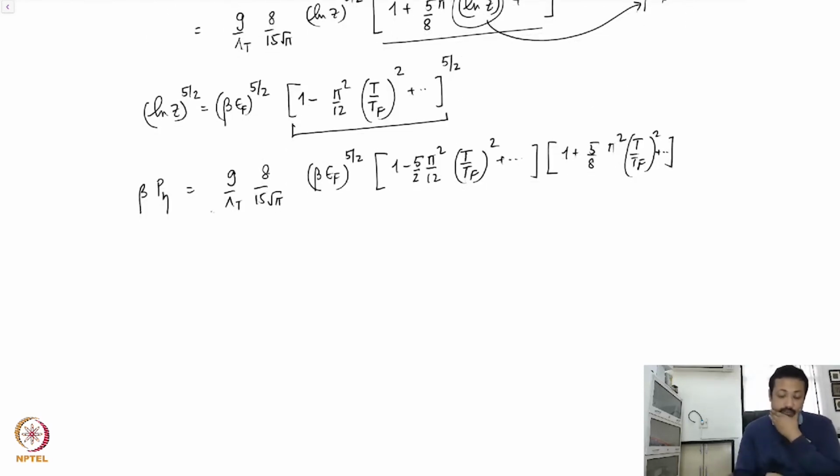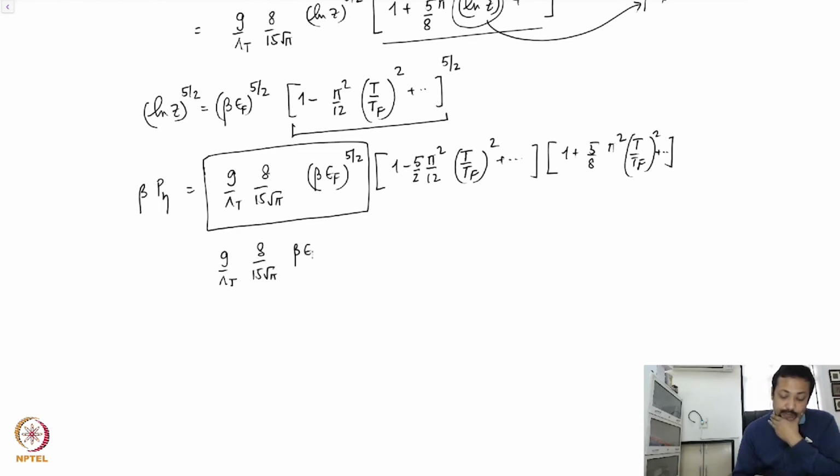Now let's look at this expression. I have g over lambda_T, 8 over 15 square root pi, (beta epsilon_F) raised to the power 5/2, and I want to express this in terms of the number density n. So even if you have forgotten how epsilon_F depends on n, there is always a way out.